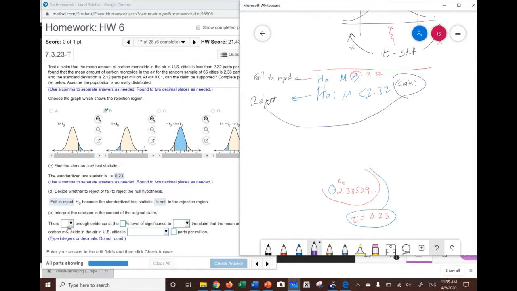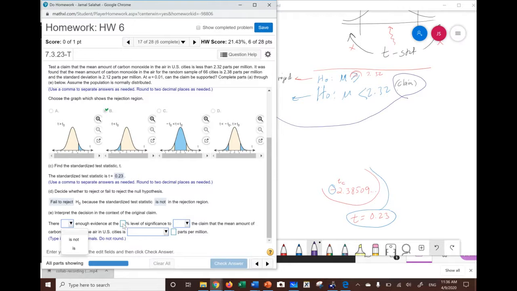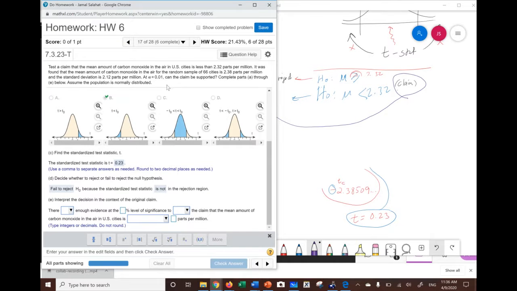So here, there is enough evidence at the level in there, which is going to be what? 1%. Remember, this is 0.01. When you change the decimal to a percent, it is going to be 1%. Now, we are talking about the claim. Let's start from the back.